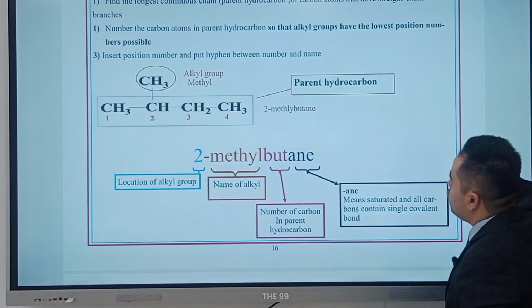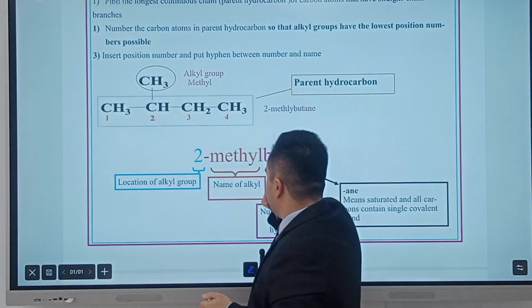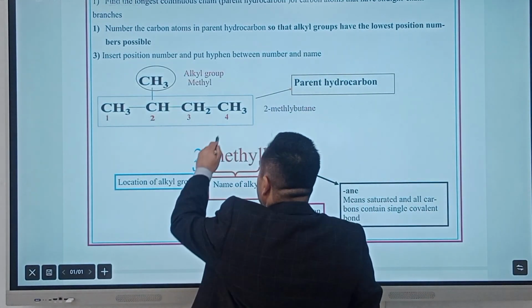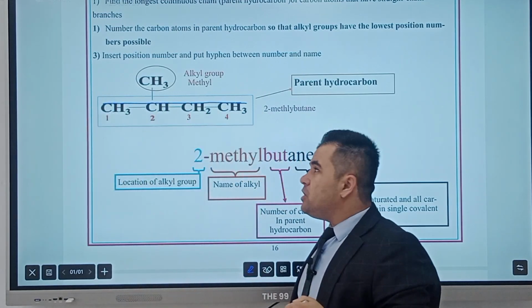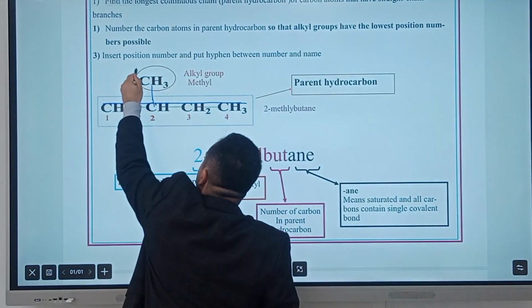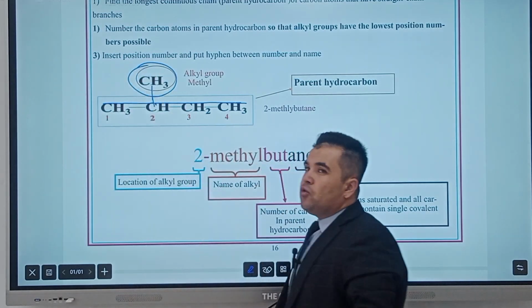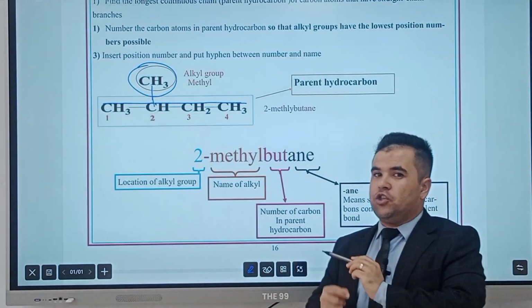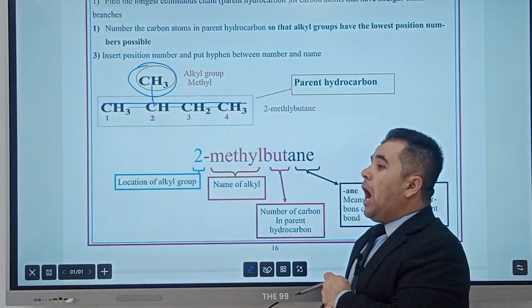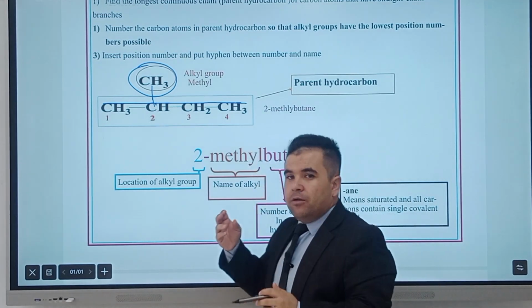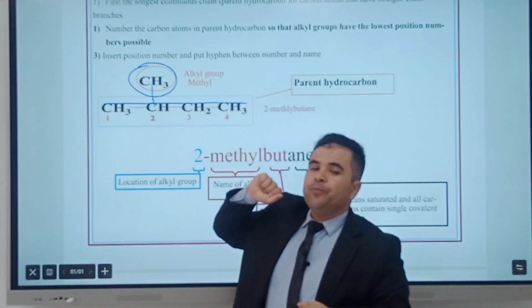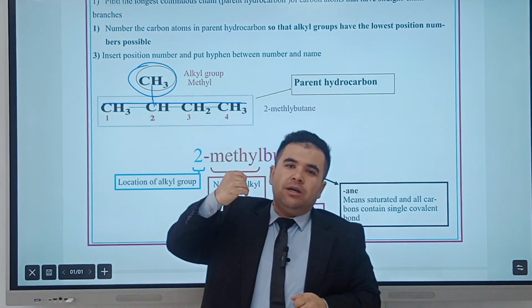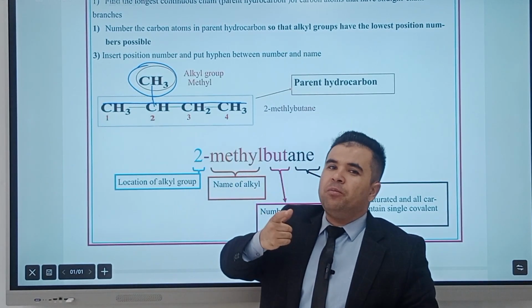Let me show you how to name this structure, guys. Here we have a continuous chain of 4 carbons. As you can see, from this 4 carbon chain we have an alkyl group, which is methyl, CH3. How to name this? We selected the longest chain, and then we have to provide the numbers to the carbons.